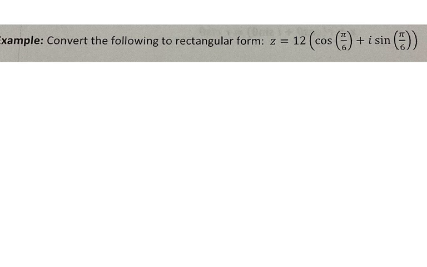Now we're given polar and we want to convert to rectangular. What is cosine of pi over 6? Pi over 6 is 30. What is cosine of 30? This is radical 3 over 2. Plus i. What is sine of pi over 6?